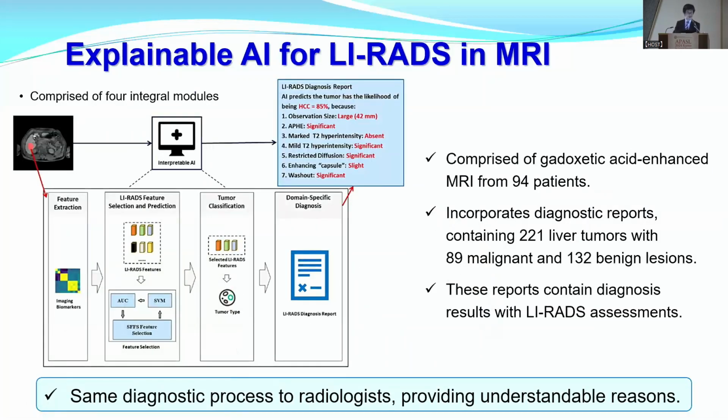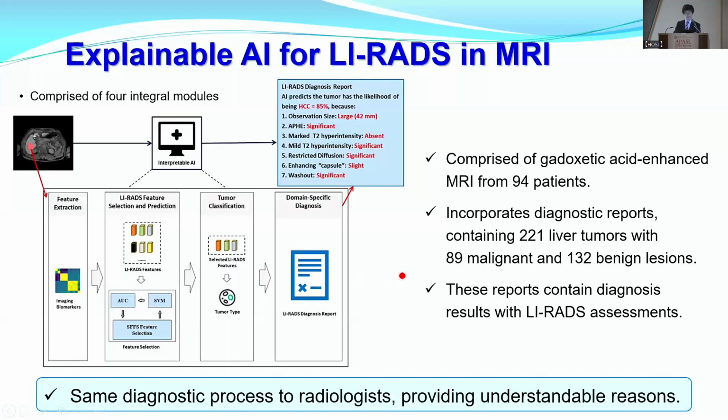So our XAI model is comprised of 4 integral modules: feature extraction, LI-RADS feature selection and prediction, tumor classification, and domain-specific diagnosis. So this study comprised gadoxetic acid-enhanced MRI from 94 patients and incorporates diagnostic reports containing 221 liver tumors with 89 malignant and 132 benign lesions.